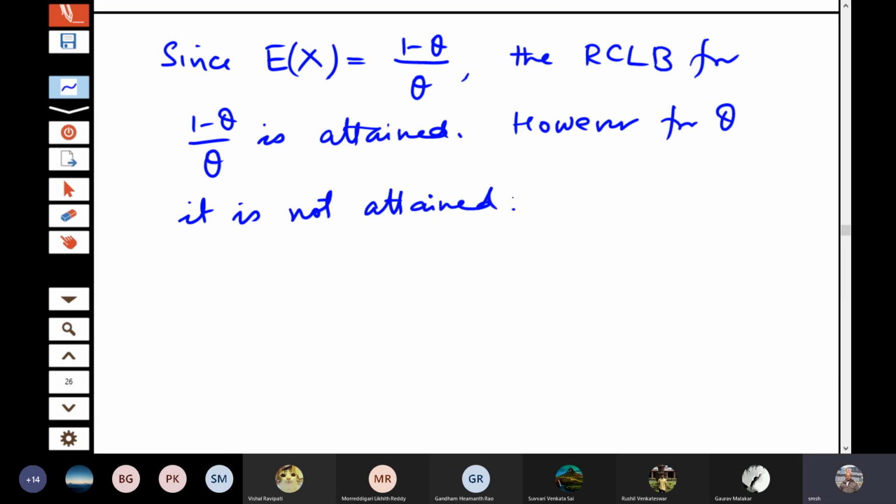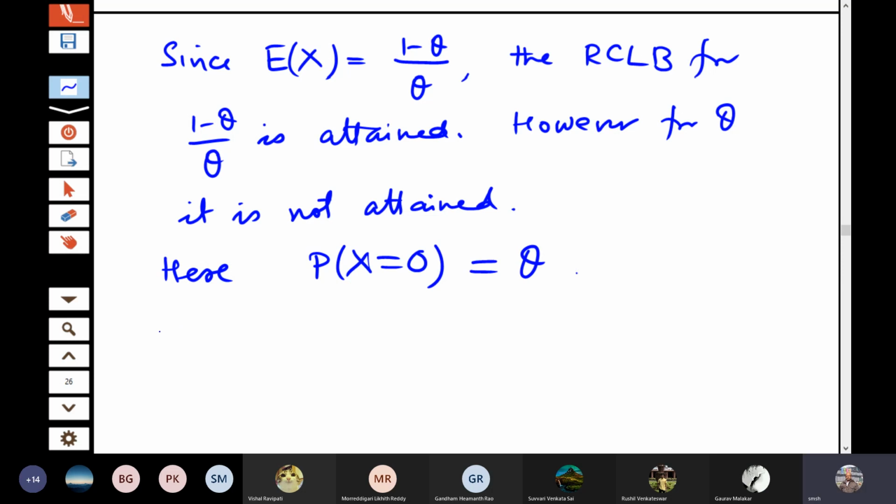I will show you actually one unbiased estimator. What is the interpretation of theta here? It is the probability, we can say, of 0. Okay, so probability of 0 is actually theta here.